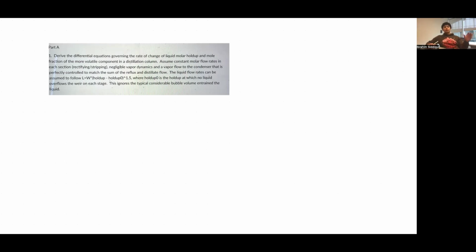I'm going to show how that weir relates to our second stage, and how our water overflows over this certain height, this blockade. I'll draw that out in just a second. But this ignores the typical considered bubble volume and entrainment in the liquid.